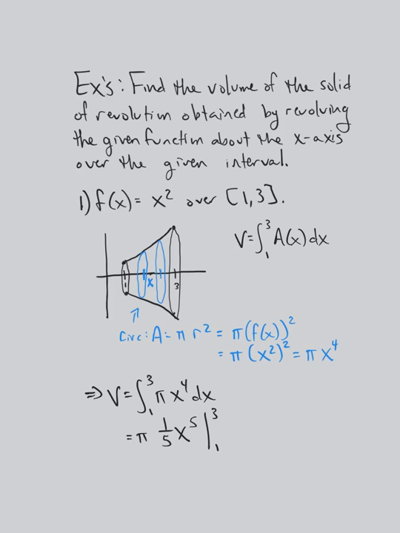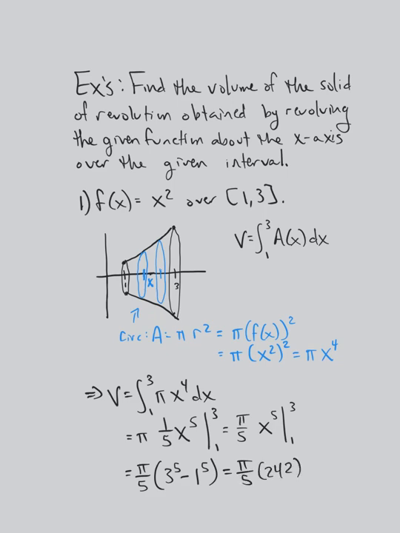Okay, so now we have pi over 5 times x to the fifth from 1 to 3. That pi over 5 will factor out front of everything. And so then I'm going to have 3 to the fifth minus 1 to the fifth. So 3 to the fifth minus 1 is 242.